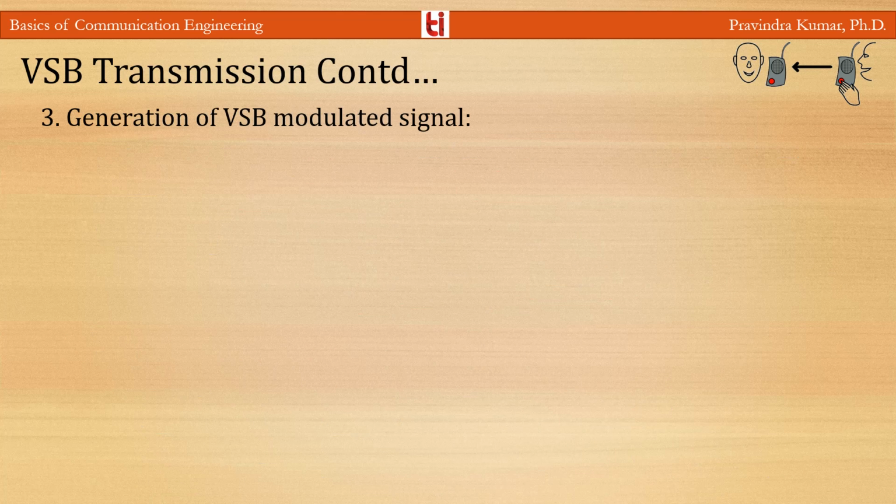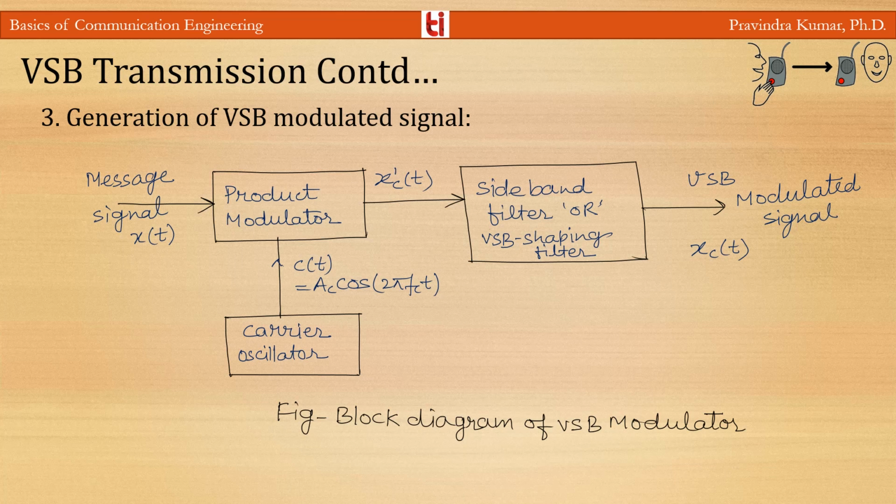Now we will discuss the generation of the VSB modulated signal. This is the block diagram of the VSB modulator. The message signal x(t) is applied to the product modulator, and the output of the carrier oscillator is applied to the other input of the product modulator.